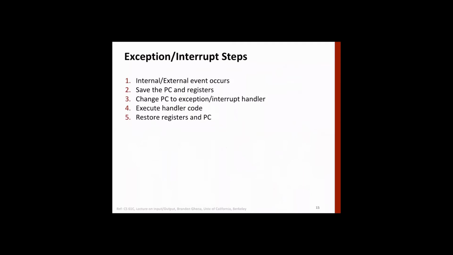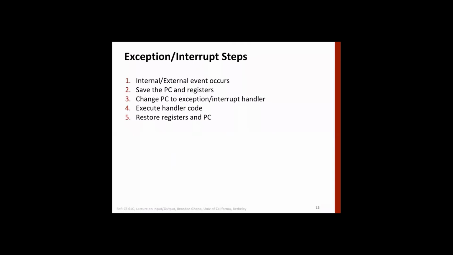Note that exception we use when there is an internal event. Suppose part of your program is an opcode which is undefined, okay, and maybe the compiler has made a mistake and there is some error and the opcode part is garbled, then it will cause an exception.